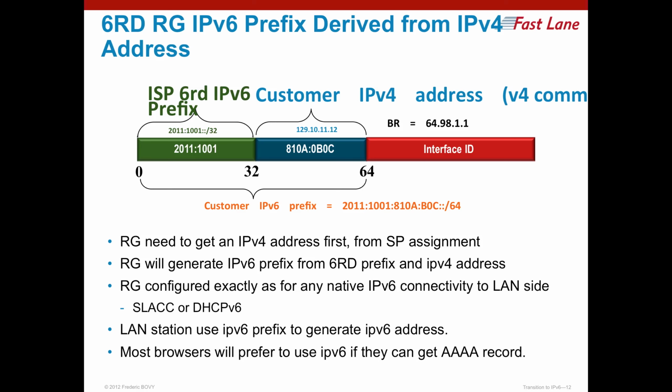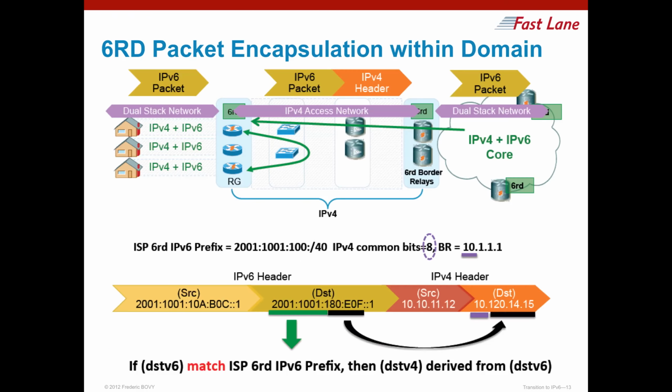It follows exactly the same principle as 6to4, with the difference that the prefix is no longer 2002 at the beginning, but a prefix which can be customized for each service provider, and so the service provider can control the relay and the return path. When the destination is local, the IPv6 packet is encapsulated in IPv4, and the IPv4 destination address is the local destination address.